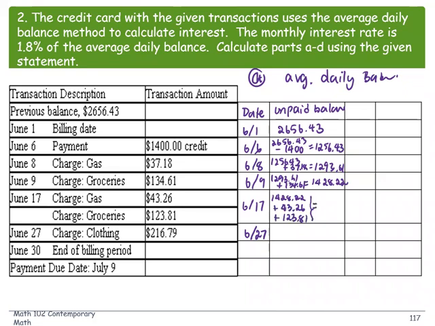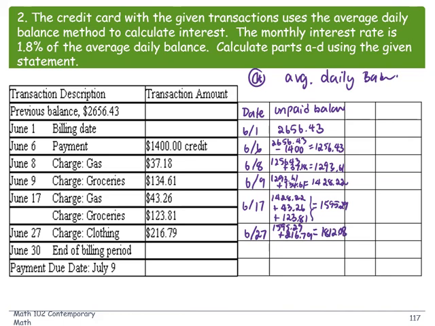That becomes the new balance on that day, which is 1595.29. The last transaction occurs on the 27th: 1595.29 plus 216.79, which is 1812.08.